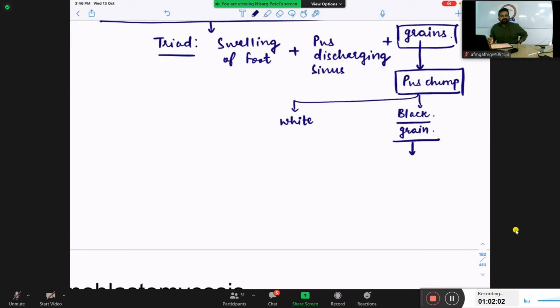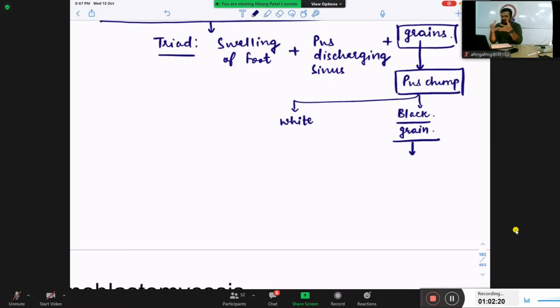If the color of the grain is black, you all know when we have a fungus on the wall, what is the color? Black color, right? So when a fungus is infecting a farmer's foot and pus is coming out, generally pus is the dead neutrophils.